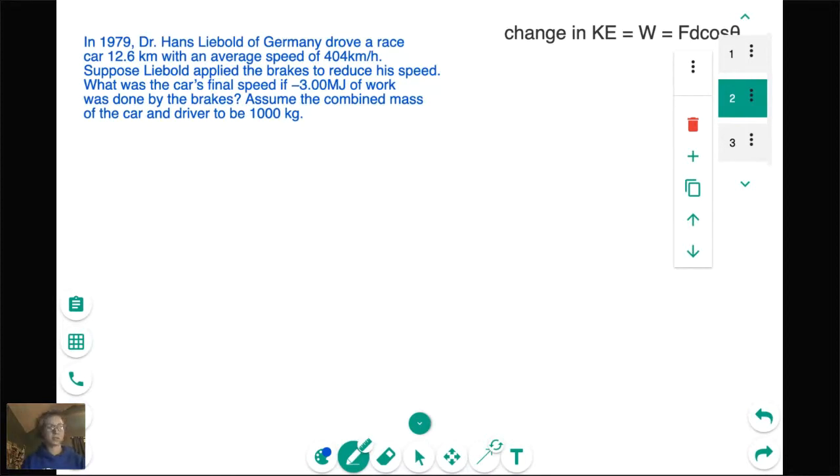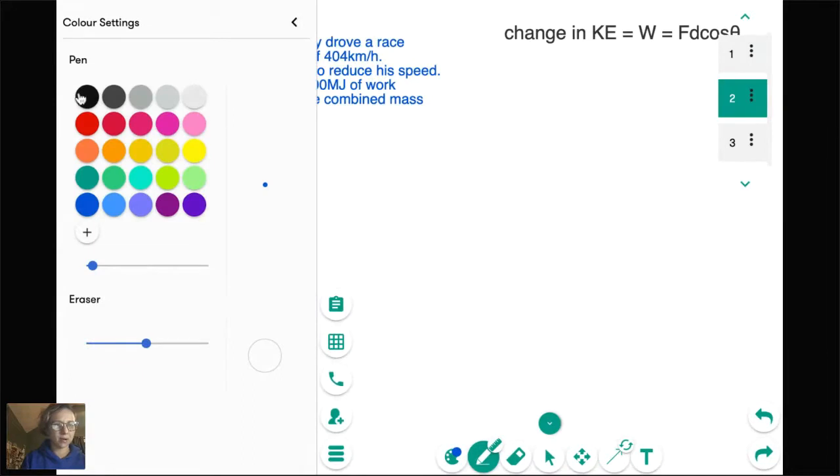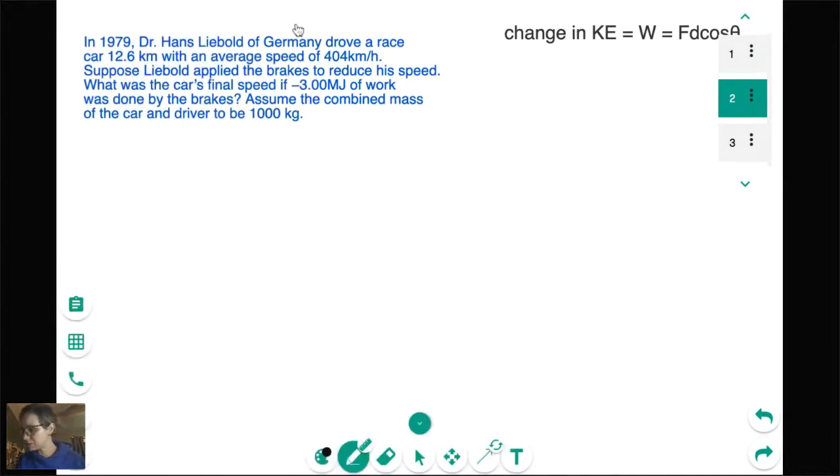And so we should expect to get a final speed that is less than 404 kilometers per hour. And speaking of that 404 kilometers per hour, I think the first thing we need to do is to convert it into meters per second, because we're never going to use a speed like 404 kilometers per hour.